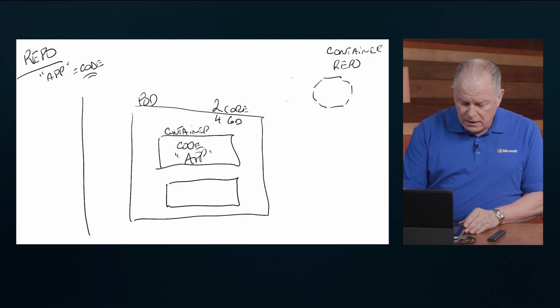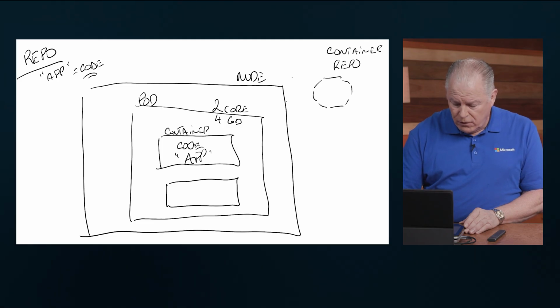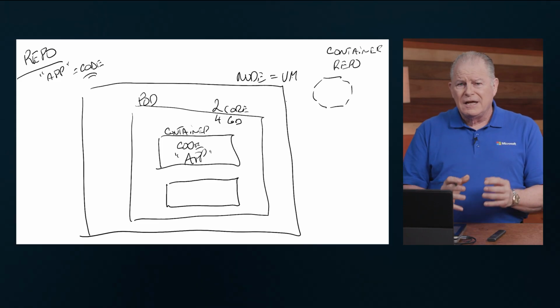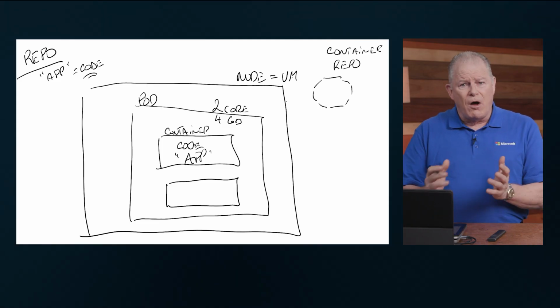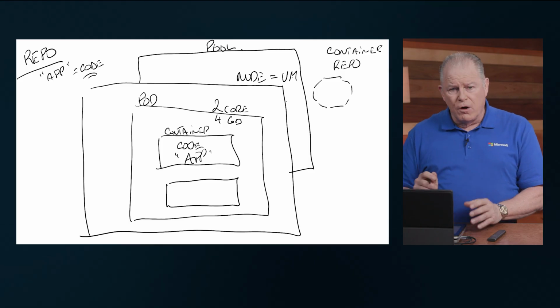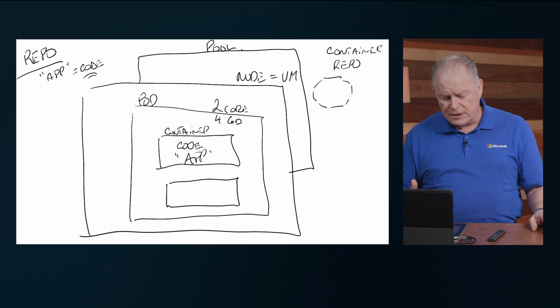Inside of a pod, that pod then ran inside of a thing called a node, which for all intents and purposes is that virtual machine. And you could have multiple pods as long as you had resources to run them on that node. And then as that node filled up, you had a pool of nodes that would then provide that compute capacity to deploy your applications.